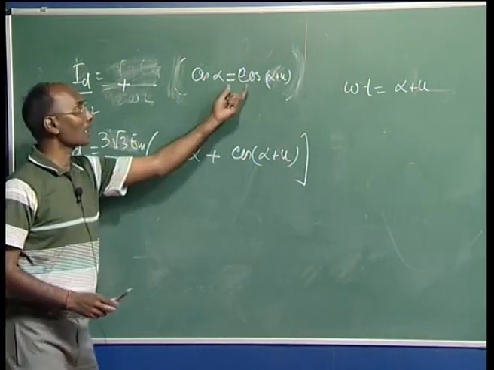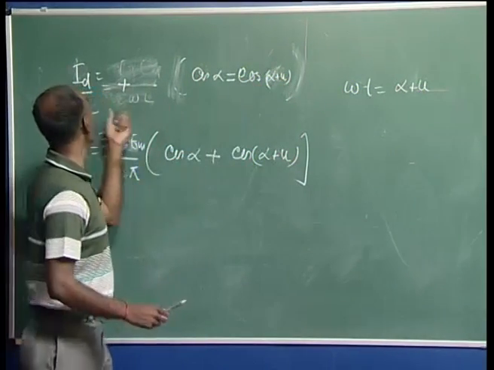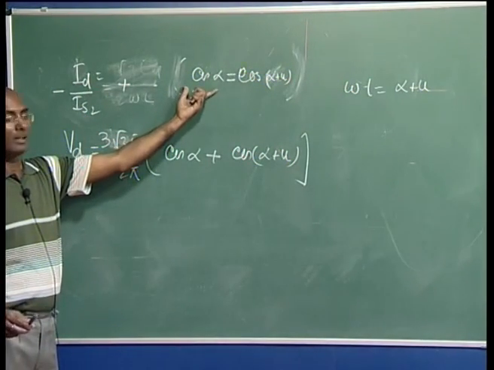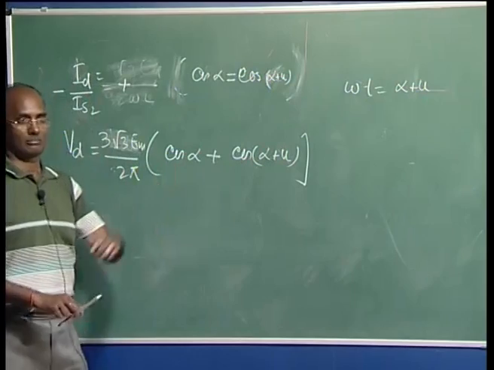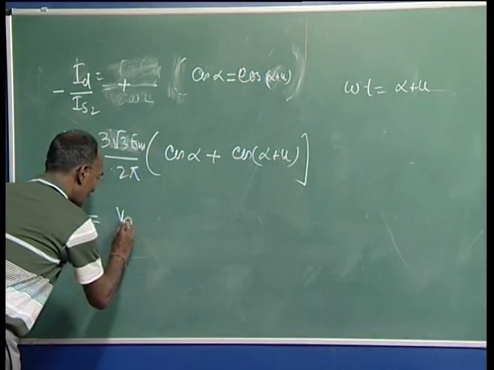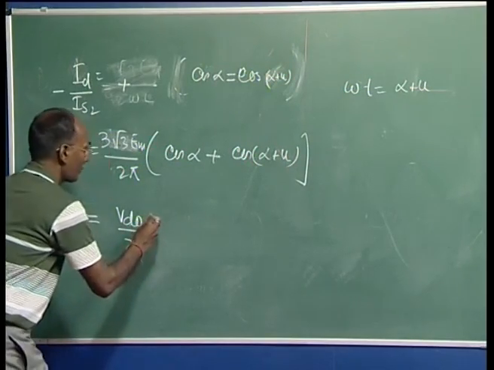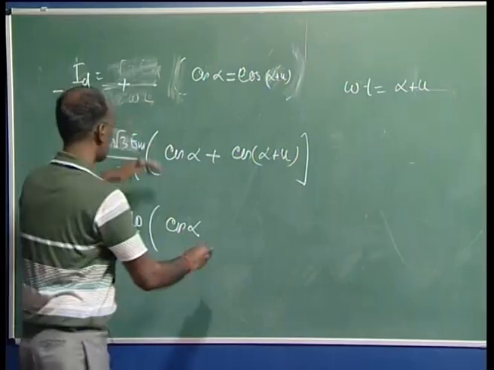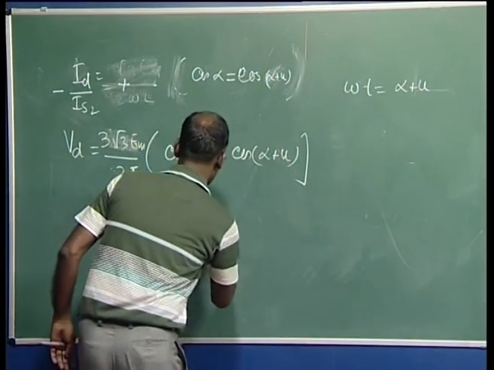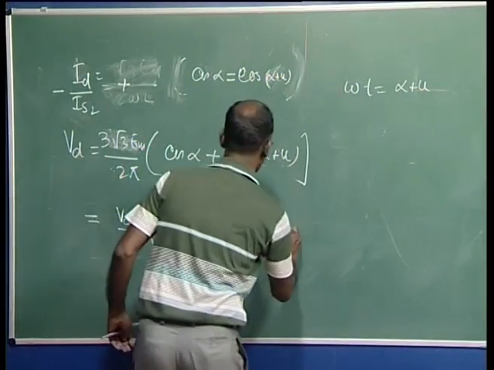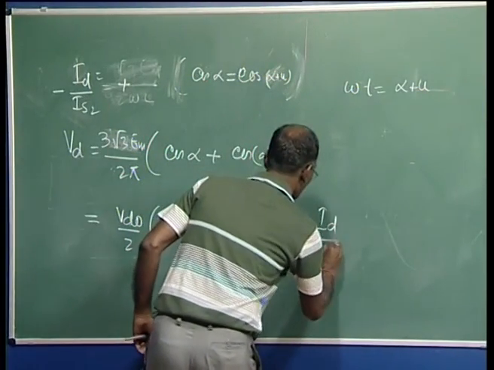Means I can write cos alpha plus u will be ID upon IS2 here, minus cos alpha. Put this value here. Now I can write V2 by 2, later on we will remove it here. This is your cos alpha, and now we are going to put here the value, cos alpha inside, and minus ID by IS2.